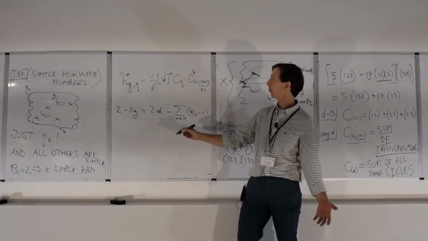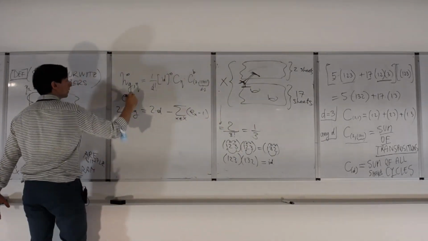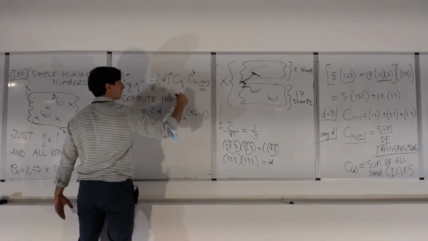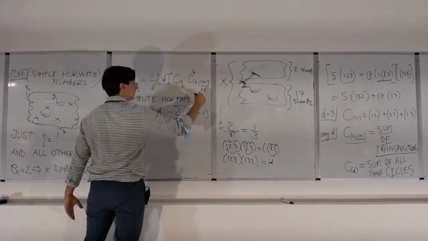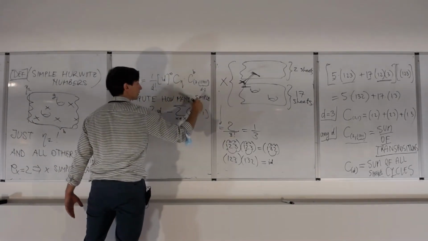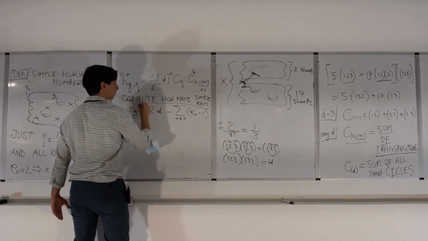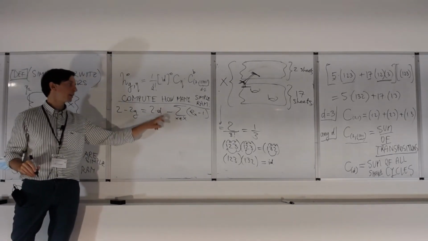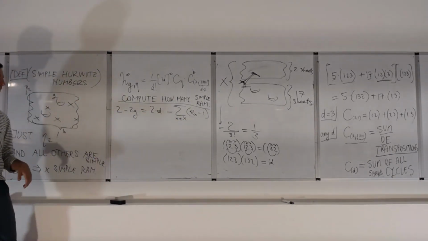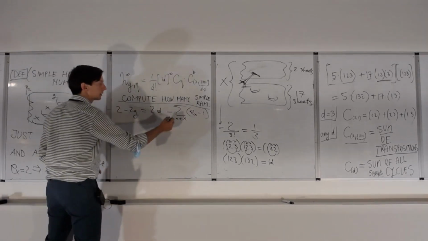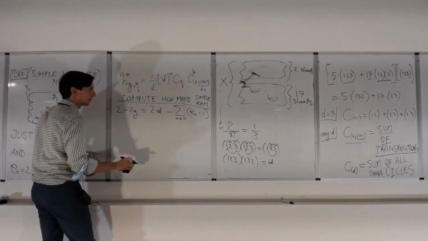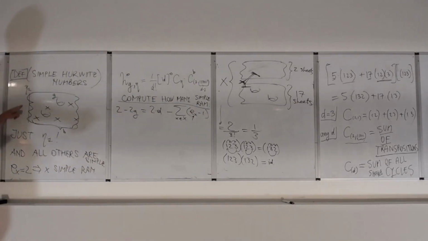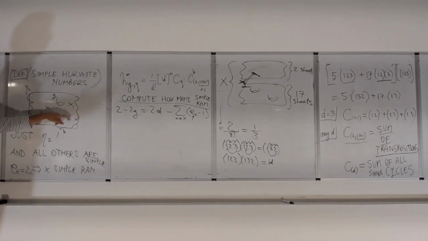Now I want to compute how many simple ramifications. Okay, so 2 minus 2g is equal to twice the degree minus the defect. But now let me split it. What is this defect? It's either I take stuff from my eta, or I take stuff from the simple ones.